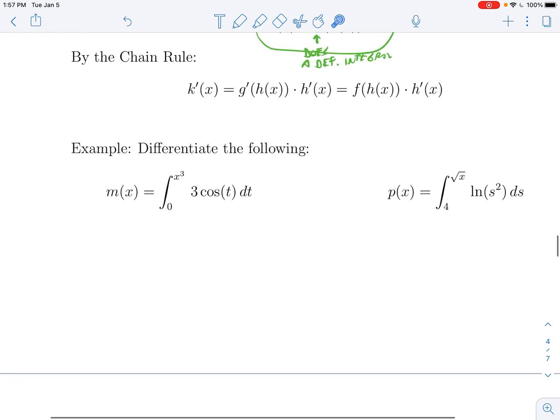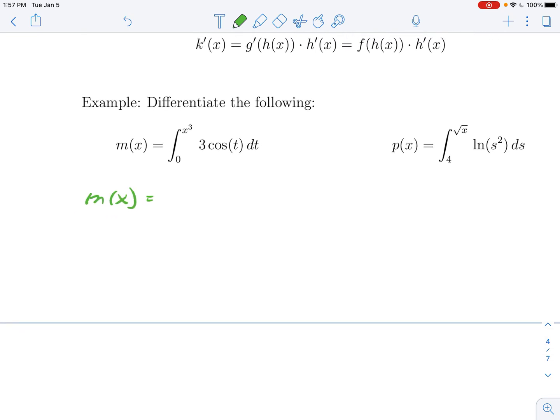So let's look at this one. I'll show you this one and then I'll give you an opportunity to try the next one. M is applying this integral function. I'm just going to call it int, but it's not ending at x, it's ending at x cubed. Int is my abbreviation for this whole process that's measuring something in terms of a definite integral. So by the chain rule, this would be the derivative of that integral process, still with x cubed inside, times the derivative of the inside.